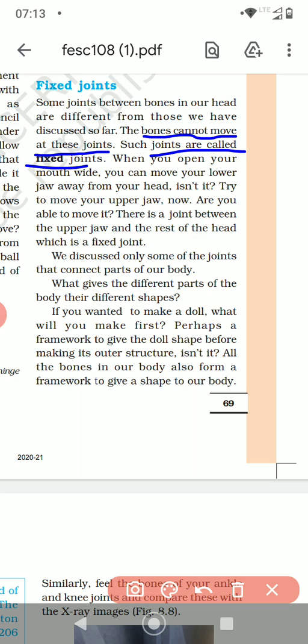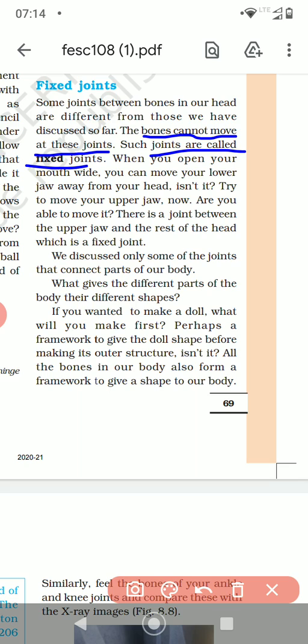Okay, children. We discussed only some of the joints that connect parts of our body, right? What gives the different parts of the body their different shapes? If you wanted to make a doll, what will you make first? Perhaps a framework to give the doll shape before making its outer structure.